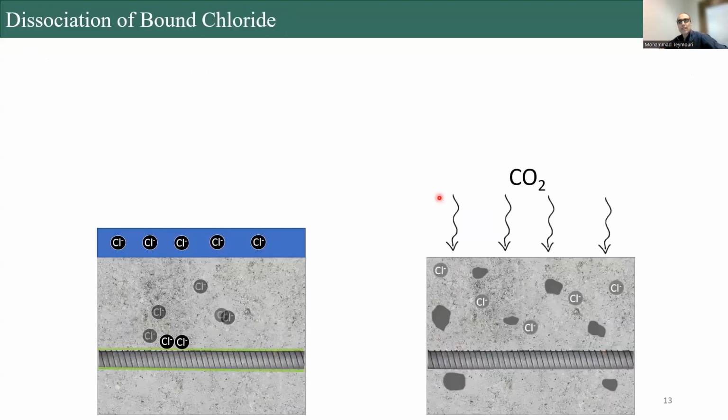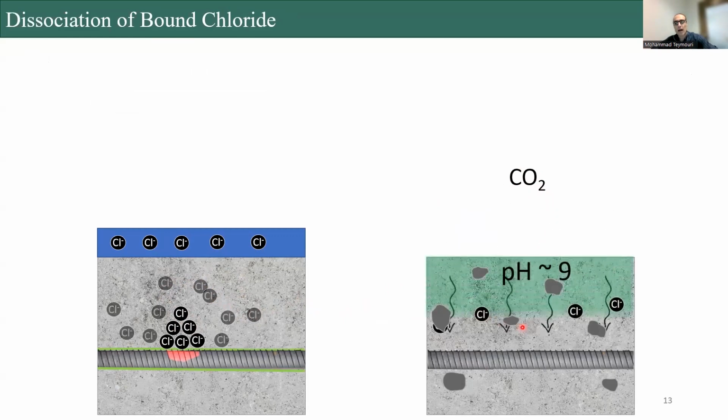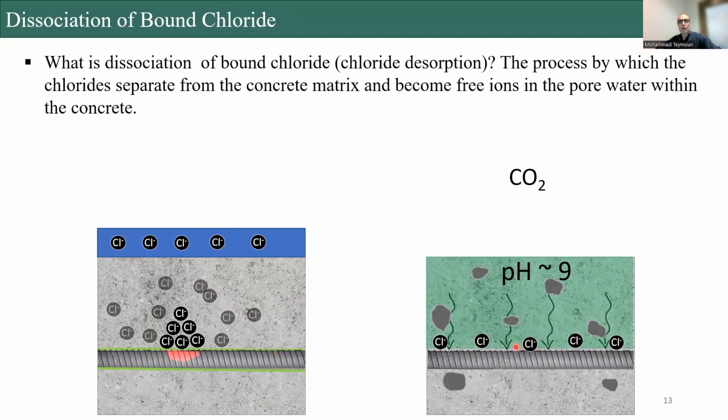So let me show you what happens when we have, for example, carbonation. Carbonation is the penetration of CO2 into the concrete, which you can find almost everywhere. And then you can see some of this bound chloride and some of this free chloride here. When the pH drops, you can see the bound chloride will be released due to the drop of the pH, and now we have more chloride to initiate the corrosion.